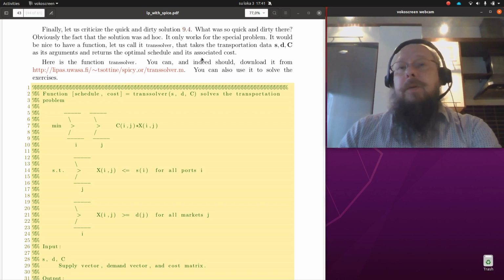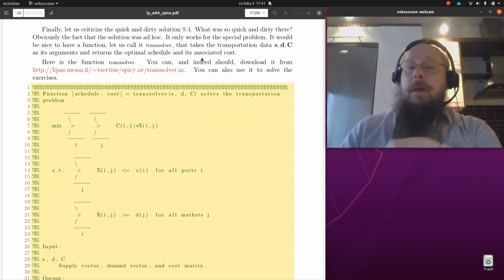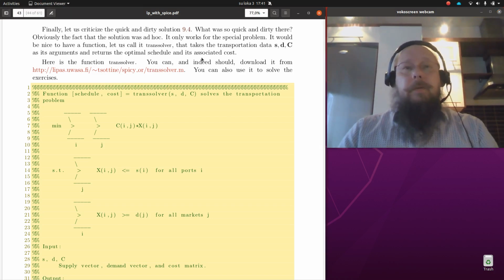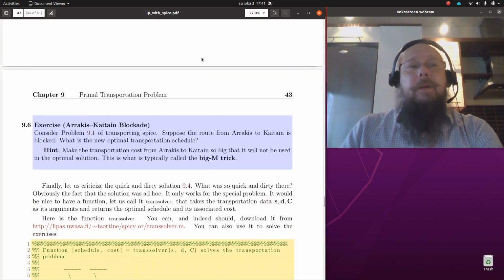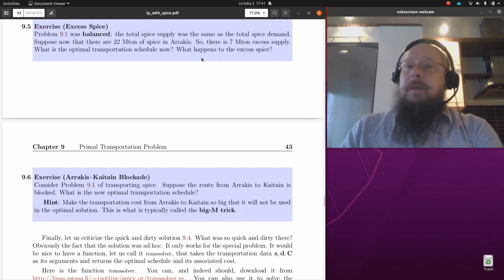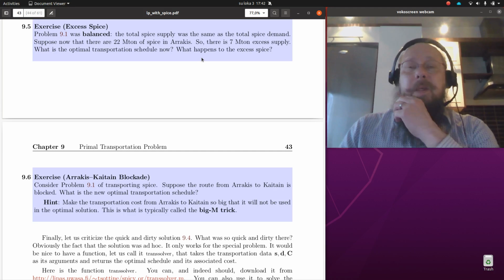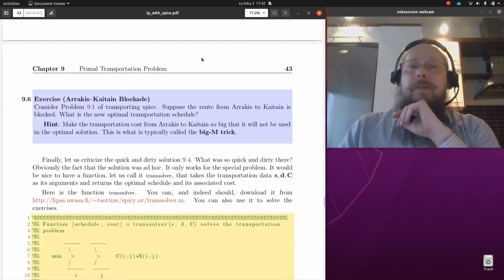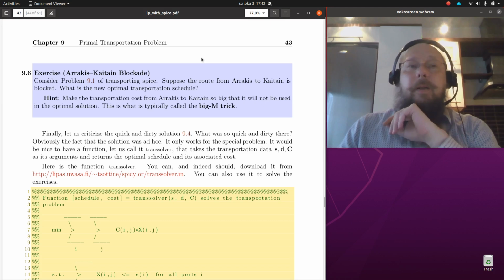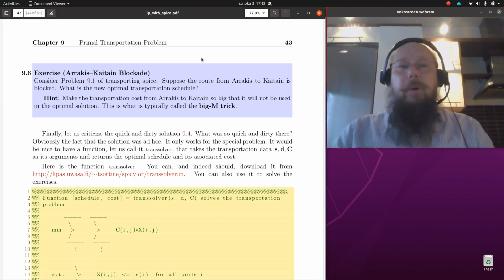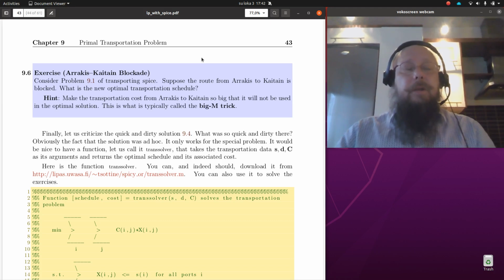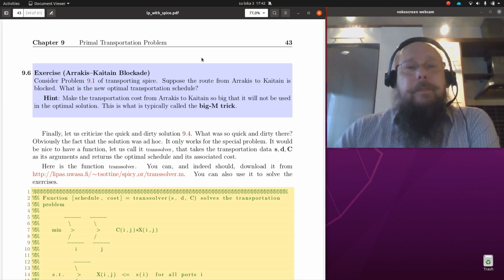So if you want to solve the following exercises, or the previous ones actually, you are welcome to do so with this. If you do that, then you miss the joy of finding out the ad hoc solution for yourselves. But if you don't find that too joyful, then you are invited to use this function.